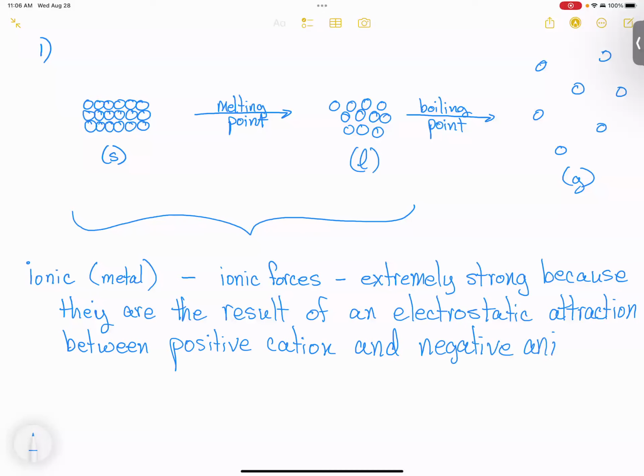Or you can think of it as a magnetic charge. And these magnetic forces are extremely strong. Because those magnetic forces are so strong, ionic compounds tend to have extremely high melting points and extremely high boiling points relative to other compounds.